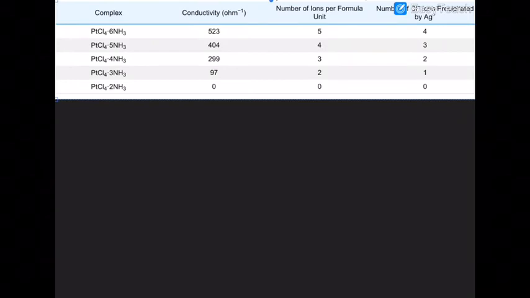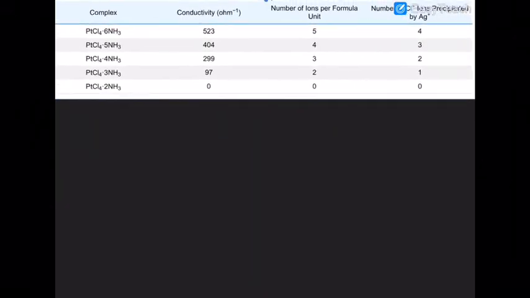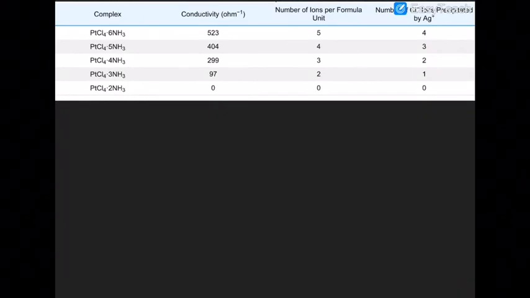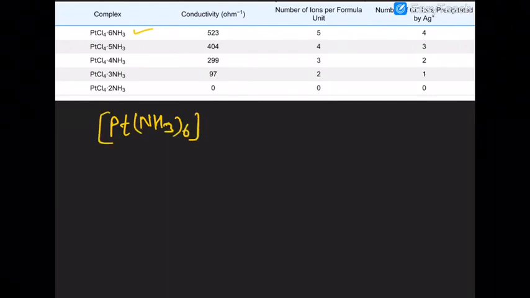Now look at the first case, where we have seen the number of ions per unit formula. It is platinum, ammonia 6 into Cl4.